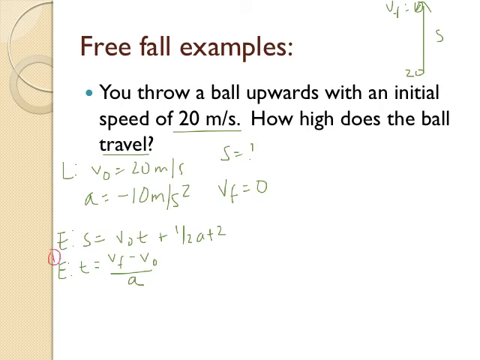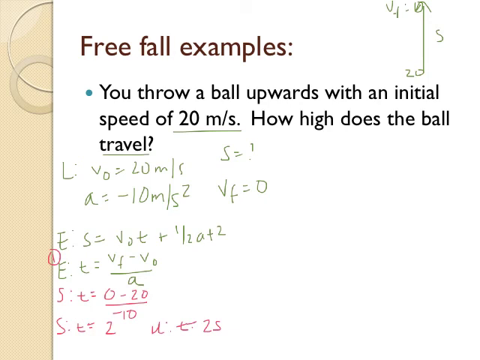Substituting in our knowns, we're going to have our final velocity 0 minus 20 over negative 10. So we get negative 20 over negative 10. The negatives cancel out. 20 divided by 10 is 2. And with units, t equals 2 seconds.